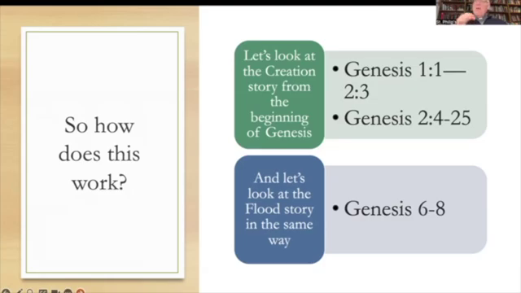But then the whole tone shifts in chapter 2 when we get to the creation of Adam and Eve. And suddenly we're not talking about numbers and days and all that. We're just talking about a story about how God cast Adam into sleep and took a rib and made Eve out of him. And suddenly it's not Elohim anymore, it's Yahweh that we're talking about.